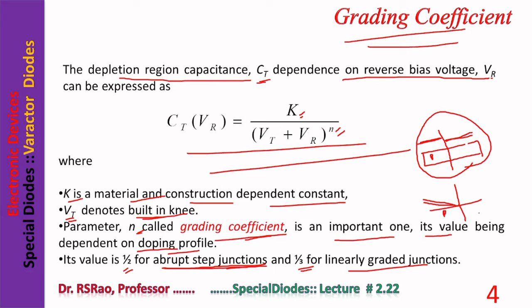P side as well as N side too, it increases. They need not have the same rise, but they rise linearly. Junction with such type of impurity addition is called a linearly graded junction. For them, N value is 1/3.